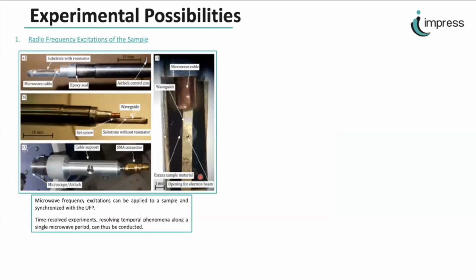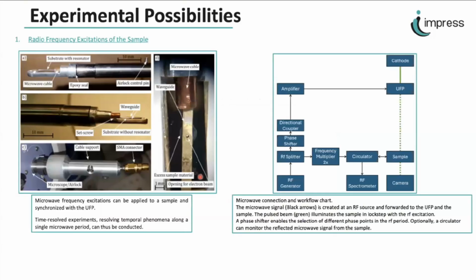To use this system, we normally work with a special holder, which is also based on excitation of the specimen with radio frequency signals. As you can see in this graph, there is an RF generator. One output will go to the electron gun, and not exactly the gun.